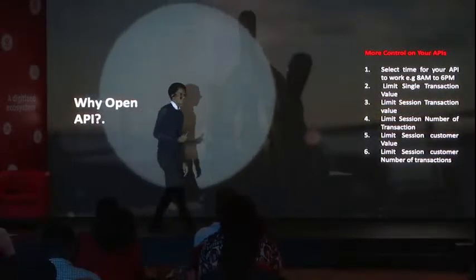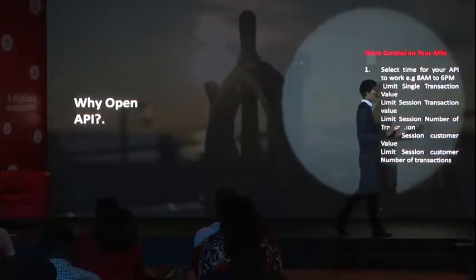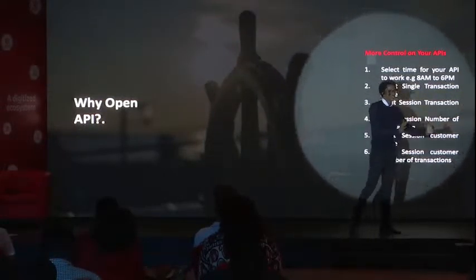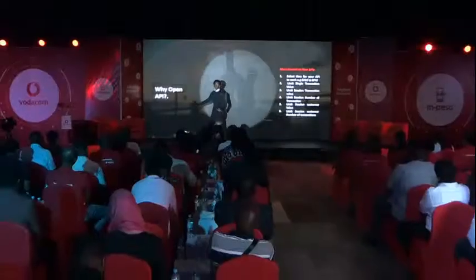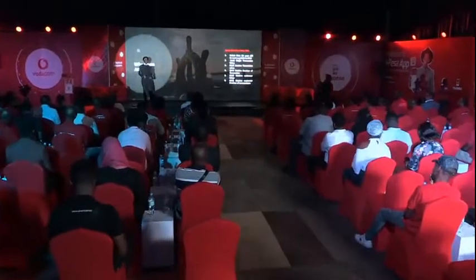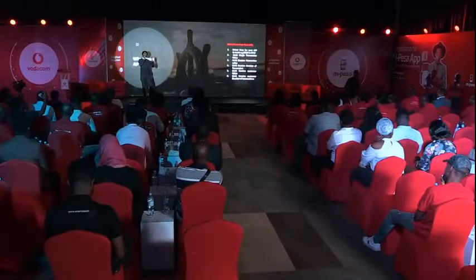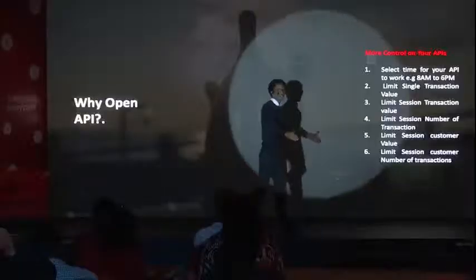Like, you can say, I want my APIs, the integration between my application and M-Pesa, to work only from 8 a.m. to 6 p.m., for example, in the evening, only. So whatever your use case is, I want it only available at those times. For example, maybe you want to give rewards to a person.